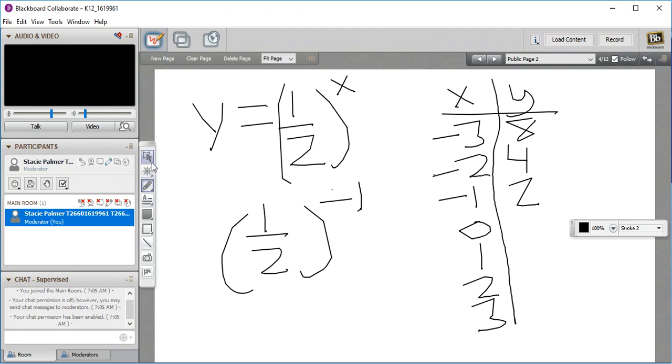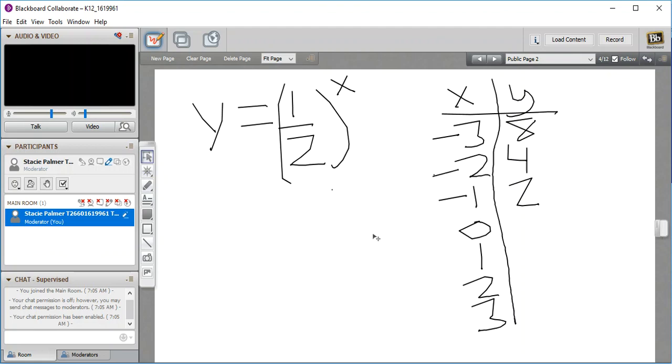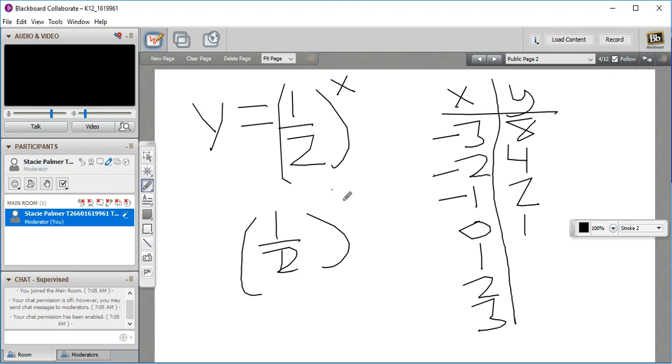Now, when we let the x be 0, we know that anything to the 0 power is a 1. When we let the x be 1, 1/2 raised to the 1st power would just be 1/2.